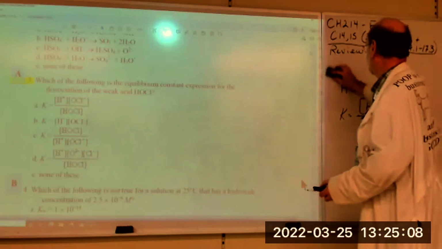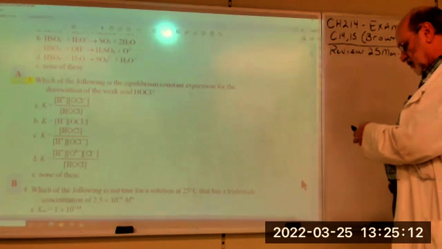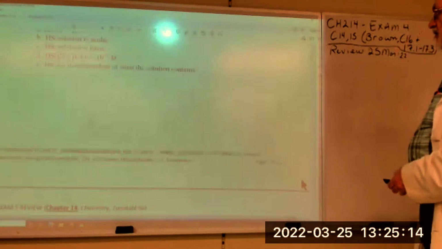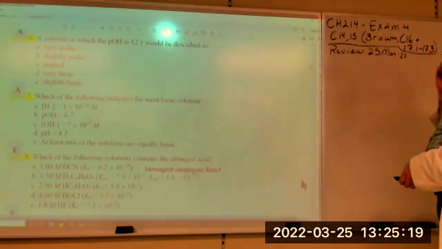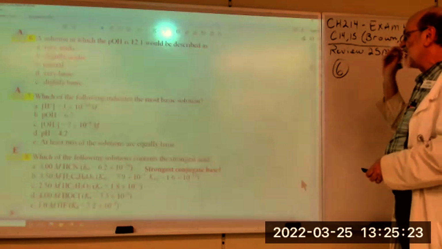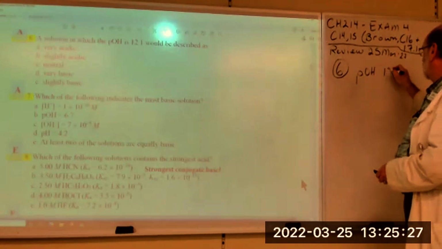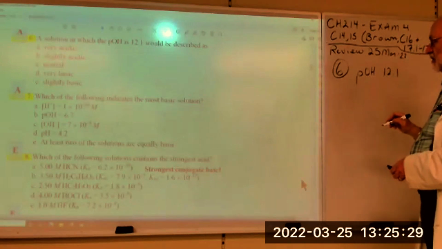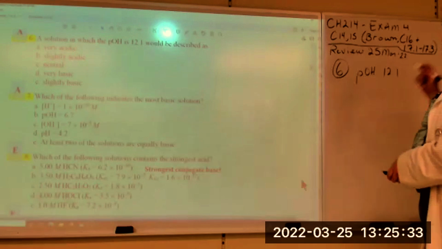Let's see, we're going to go down a little further and see if I can page it. Yeah, got lucky. Number 6. A solution that has a pOH of 12.1 would be what? Very acidic, slightly acidic, neutral, very basic, slightly basic.